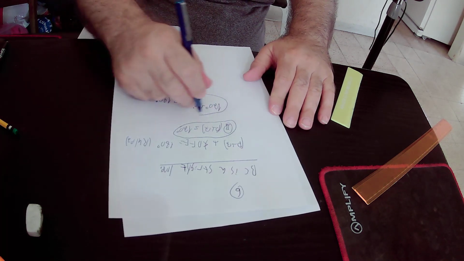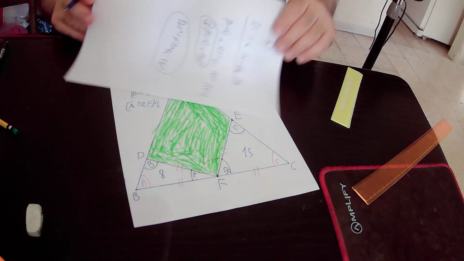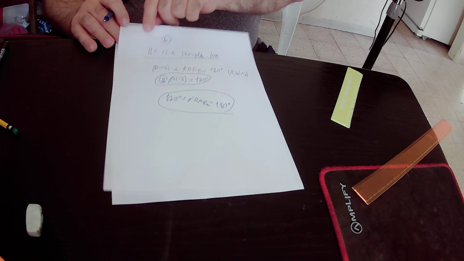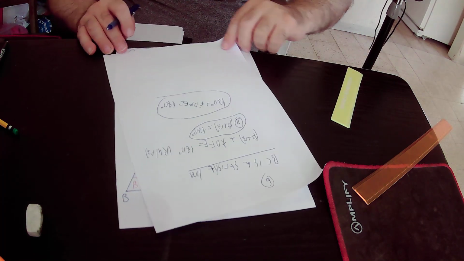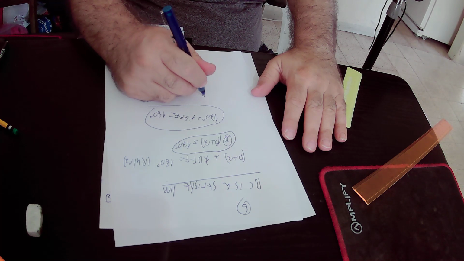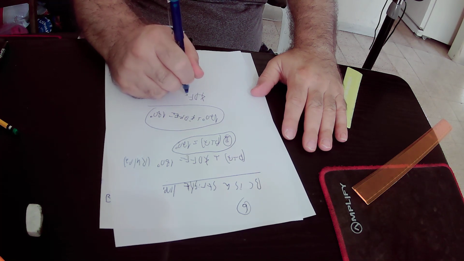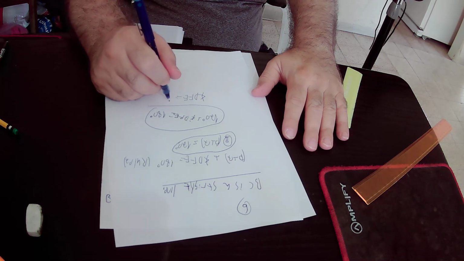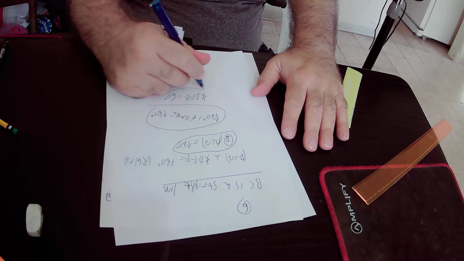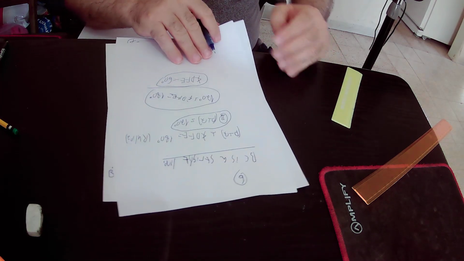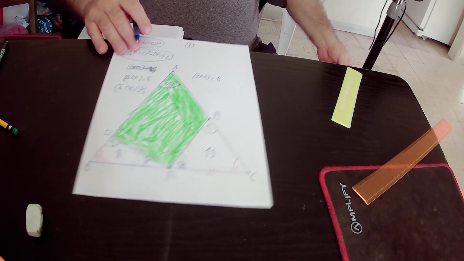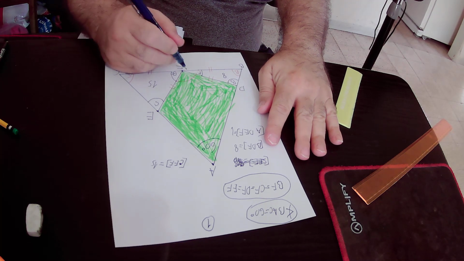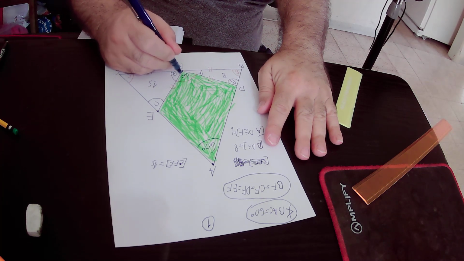So here we will subtract 120 degrees from this equality, and we will get that the size of angle DFE equals 180 degrees minus 120 degrees, which is 60 degrees. So we found out that the size of the missing angle is actually 60 degrees. So the size of this angle DFE equals 60 degrees.